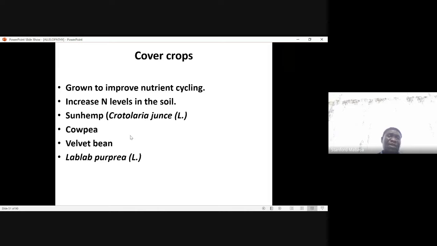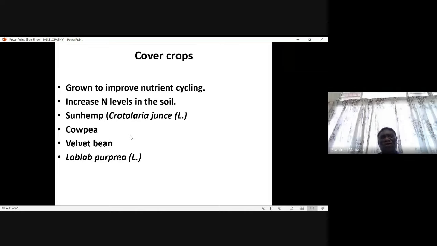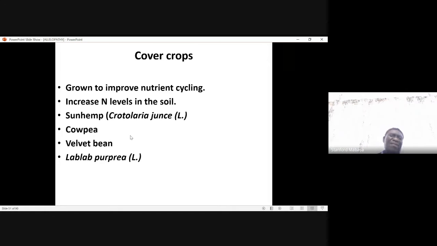But growing cover crops may cause farmers to forego certain fields in a cropping season. And probably farmers may not like this. But in the case of cowpeas, maybe cowpea may be attractive because they can use cowpea during the same season.